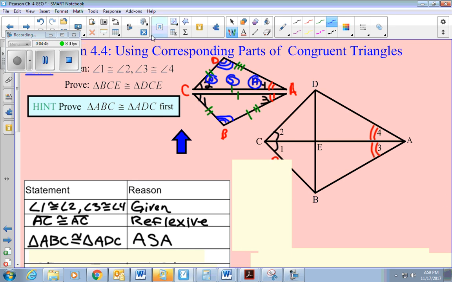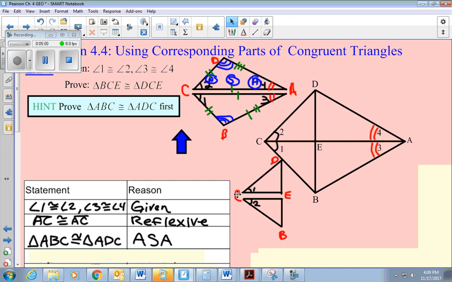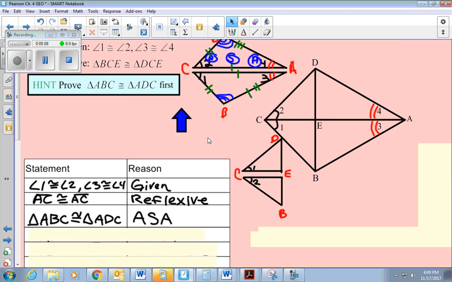So let's take a peek at what we actually want to prove. We want to prove that BCE, this triangle here, is congruent to DCE, this triangle right here. So again, I am redrawing that triangle. I have on my triangle the items that are congruent. And from the given, I have angle 1 and angle 2 being congruent. So let's take a look at side CD, which is right here.